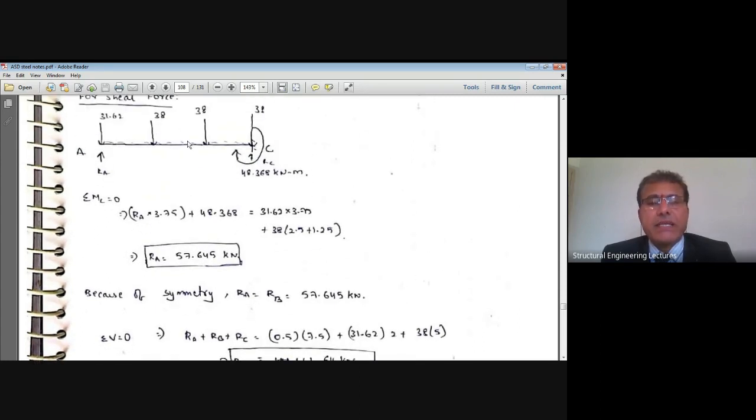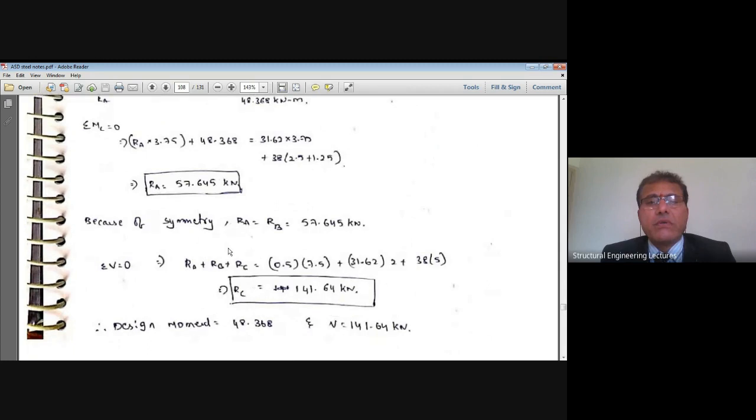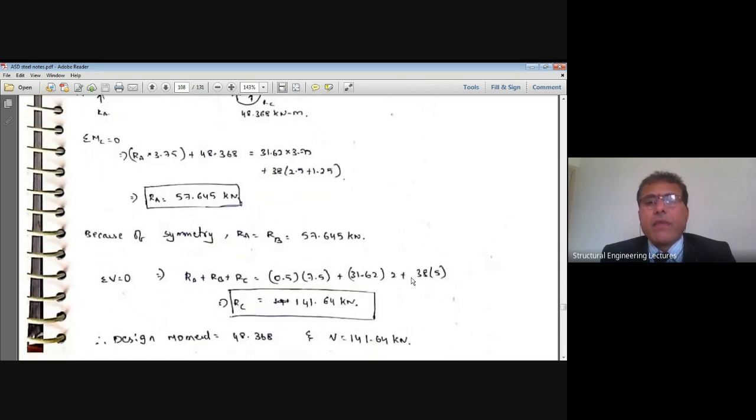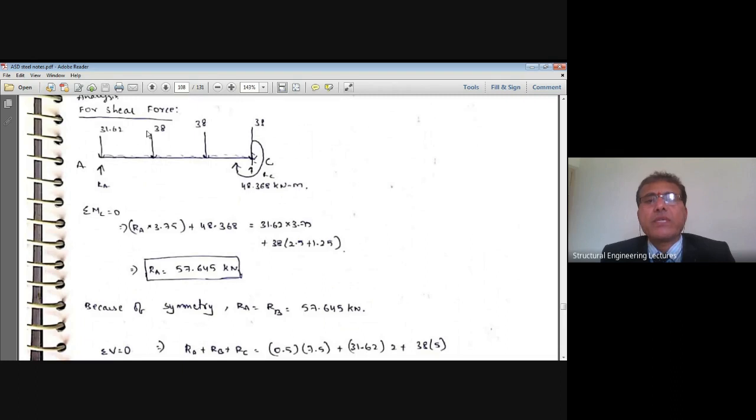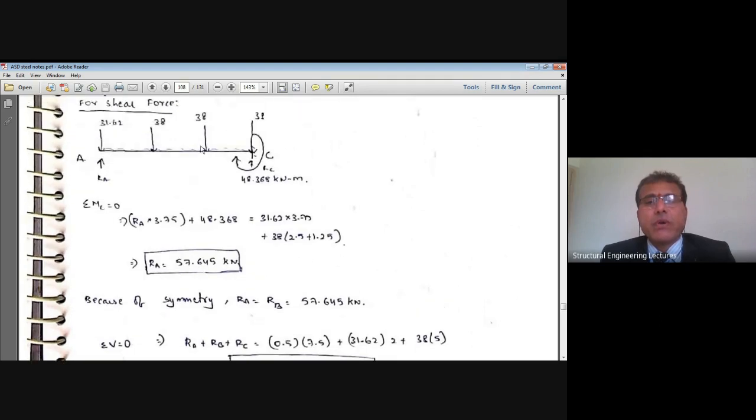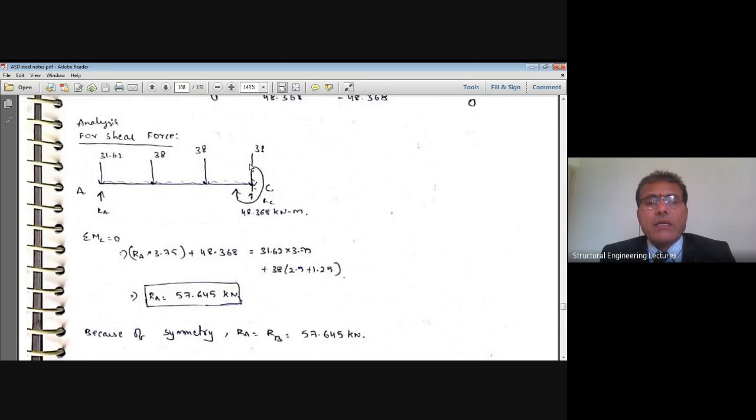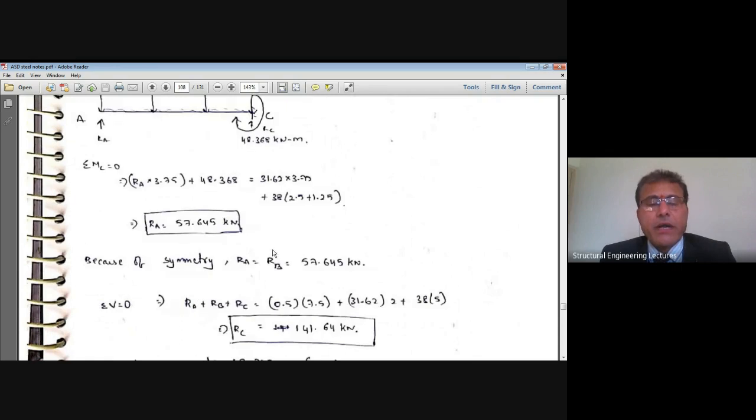For this figure we can do a statics check: sum of the vertical forces, sigma V equal to 0, gives the summation of all these forces: 31.62 multiplied by 2 forces, and 38 multiplied by 3 forces. Now I'll take the total continuous support, that is, the equilibrium of the entire continuous girder, on which there are two end downward forces of 31.62 and intermediate forces of 38 magnitude.